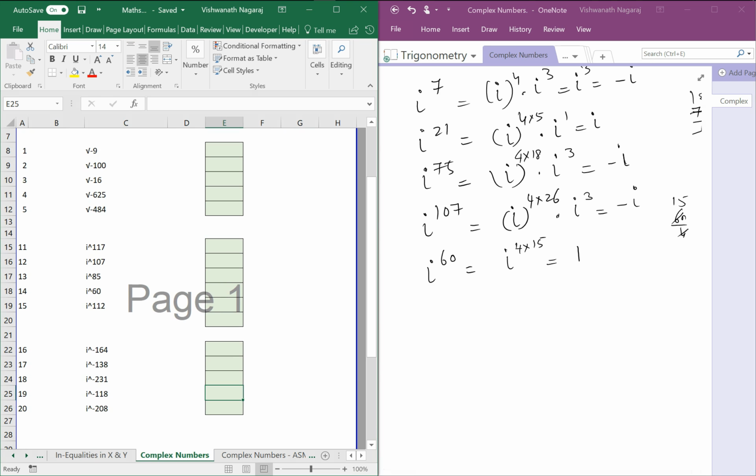Now let's take a few negative numbers, negative powers. i to the power of minus 7. If you don't want to remember the formulas, you just do it as 1 by i to the power of 7, which is 1 by i to the power of 4 times i to the power of 3.